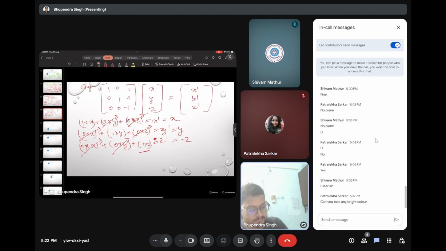So your new Cartesian will look like x, y and minus z. So this is the plane. These coordinates will not change their position. Z will be in the opposite direction. That is why the minus sign is there.